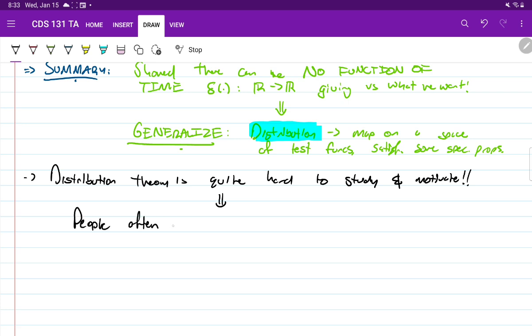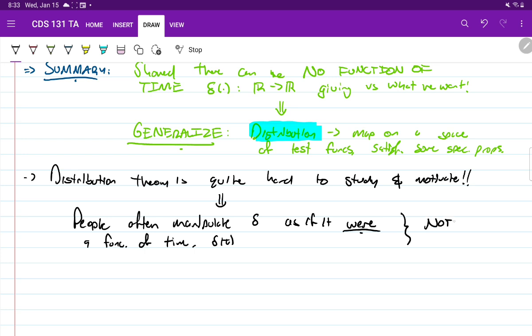People often manipulate delta as if it were a function of time. Delta of t, okay? Remember, this is not rigorous. But just because it's not rigorous doesn't mean that it can't occasionally be a useful tool to give us some insight into problems, okay?